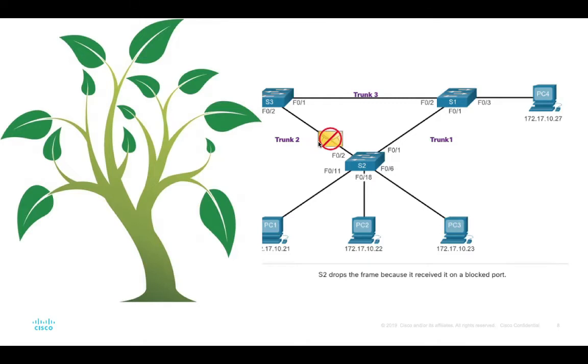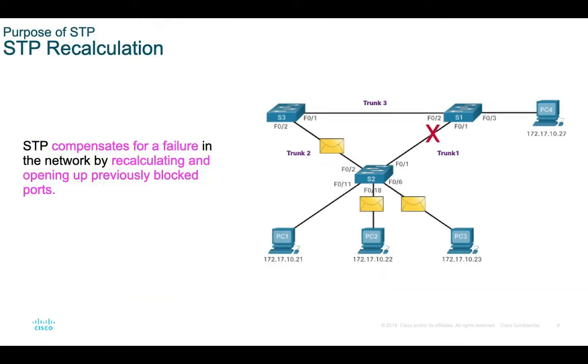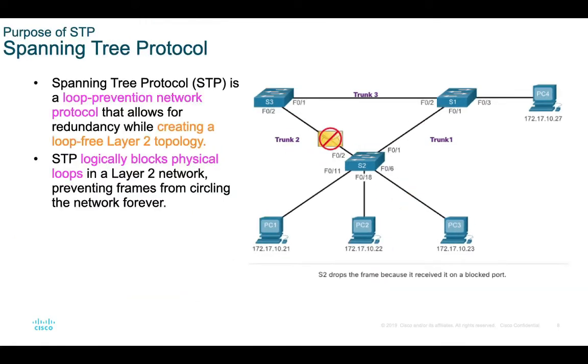That's the purpose of spanning tree. When spanning tree protocol blocks a connection, it creates a network like a tree, but they still maintain the connection physically. What happens actually is they just block logically.